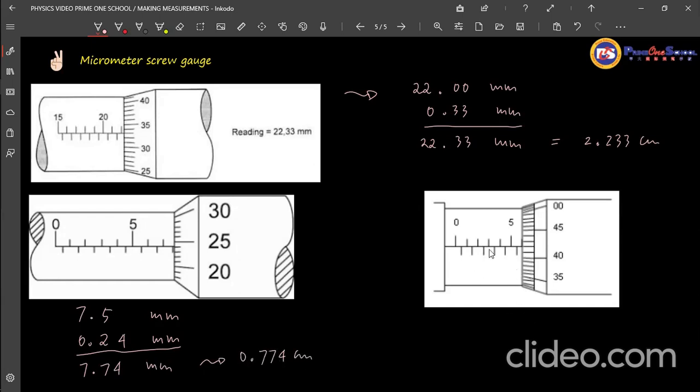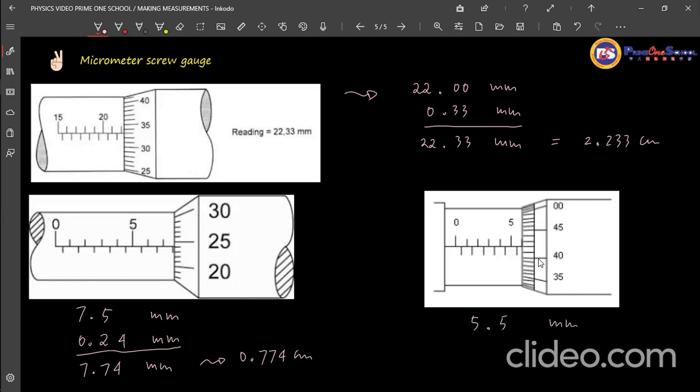Okay, look at this. The main scale is 1, 2, 3, 4, 5. Yeah, I think it's almost 6. Oh no, no, I think this one is almost 6, but not 6. So it's 5. The main scale is 5.5 millimeter. And then what about the micrometer scale?